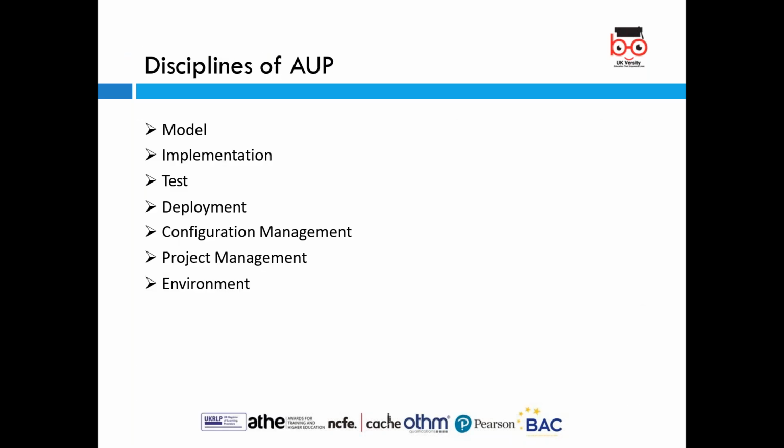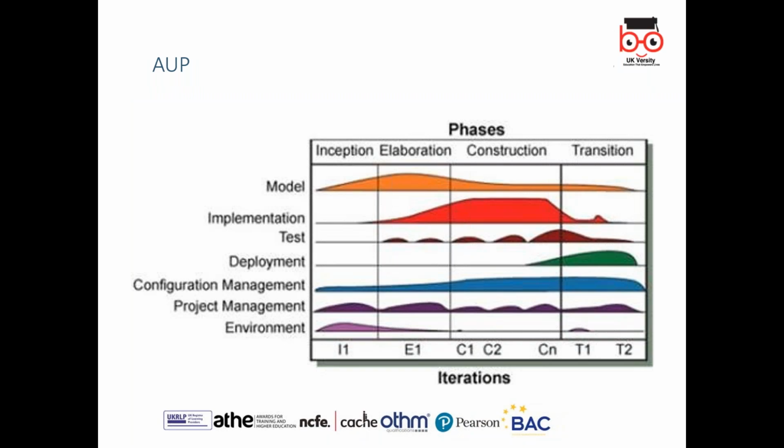By linear process, I would use this image, where it subdivides all the stages of agile, and they all have to work on a linear. So they are working on them simultaneously. You are basically working on the models, testing, deployment, and everything at the same time in a linear way, where you start with inception, you elaborate, you then move into construction, and then you conclude with a transition.